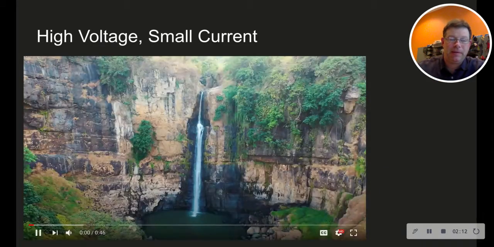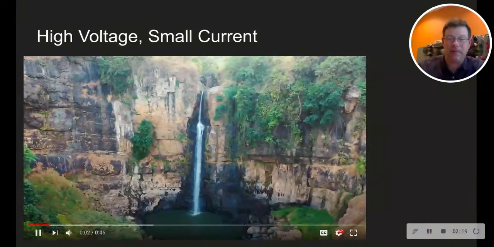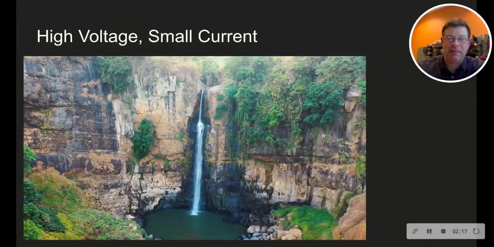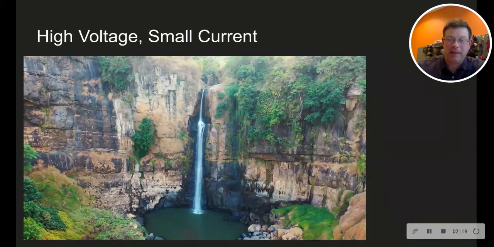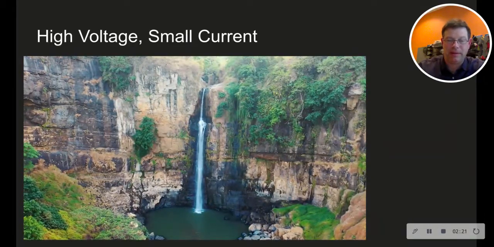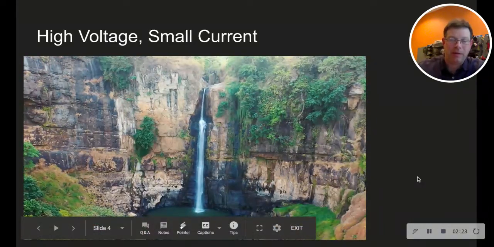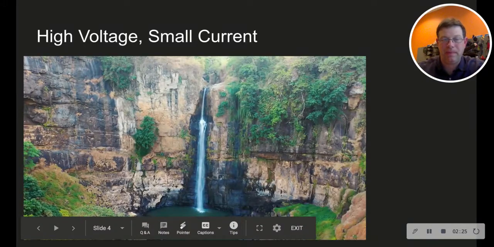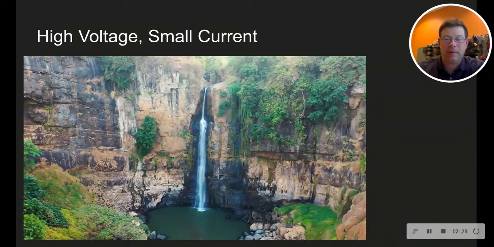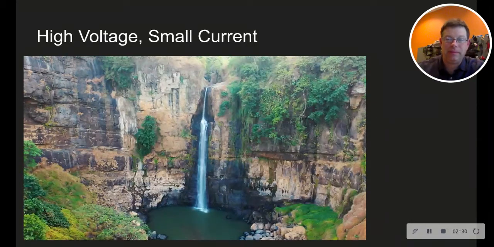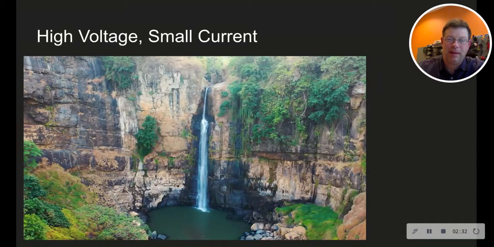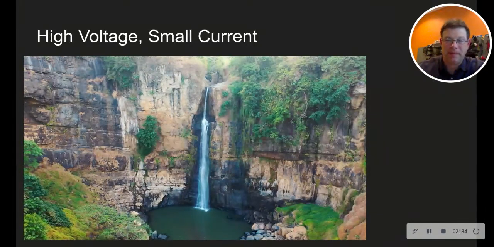Now here is a different sort of waterfall, very tall, several tens of meters high, but it doesn't have a whole lot of flow. You can see that just a little bit of water is flowing into the pond below. And so we'd say that this would represent a high voltage but small current source of water.